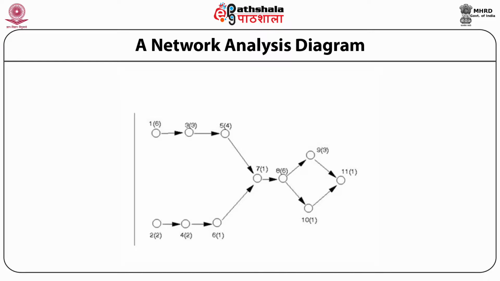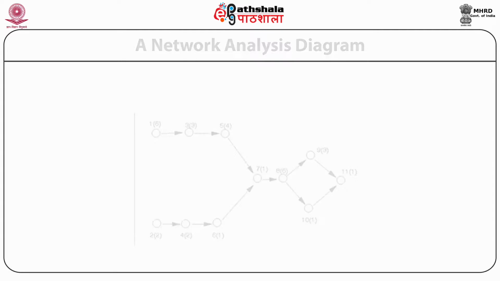And in this particular diagram, you can see the number of the activity, the sequence of the activity and the time allotted to each activity from start to finish. And as can be seen, there are some activities which are being carried out in a parallel manner and some activities which can only be carried out after the previous activity finishes.